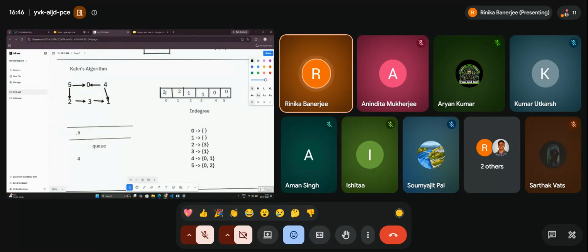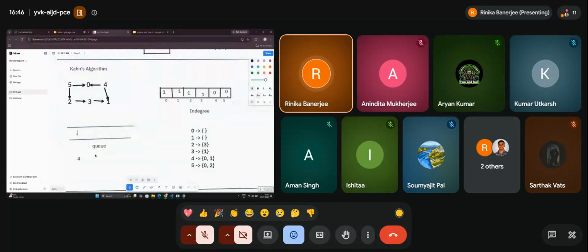Here is the in degree of 0, I'll reduce it to 1. And here is the in degree of 1, I'll reduce it to 1. So I have processed all the nodes of 4. Now I'll push 4 into my answer array. Do I have any nodes that became 0? No. So now I'll process the next element, that is 5.